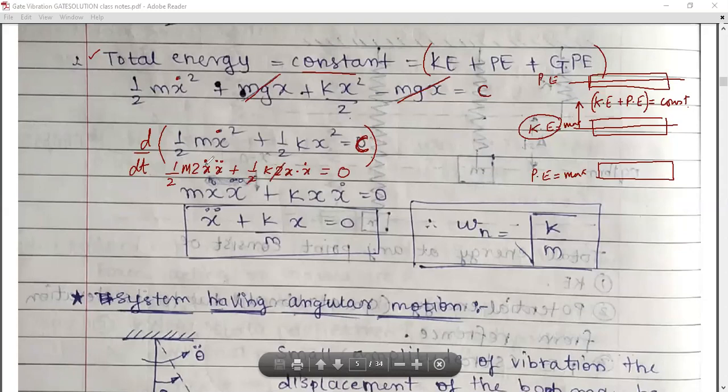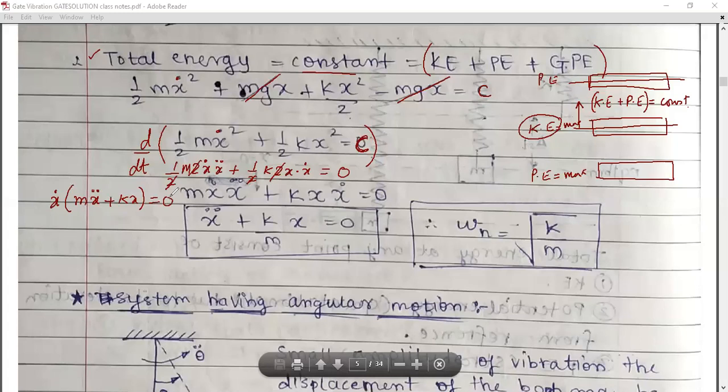This 2, this 2, this 2, this 2 cancel out, and you take x dot common, and your equation reduces to mx double dot plus kx equals to 0.